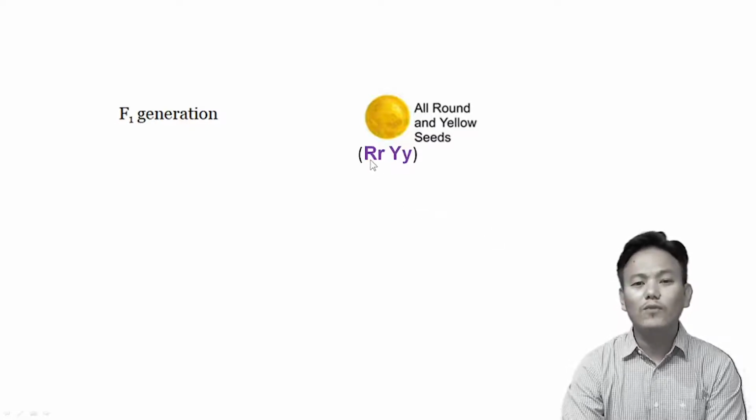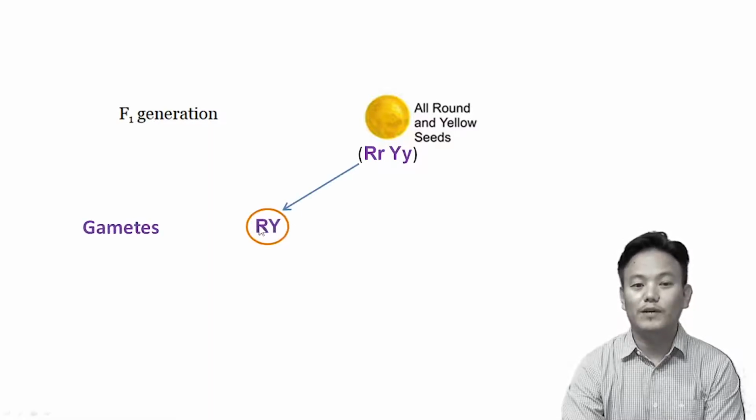So how will the gamete form? This capital R can come along with this capital Y to form this particular gamete, one capital R and one capital Y. It is also possible that this capital R will come along with this small y and form this particular gamete.